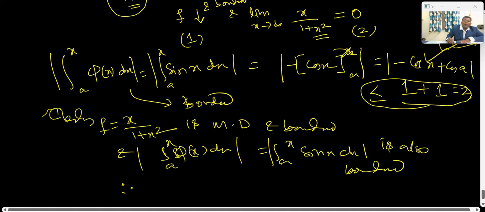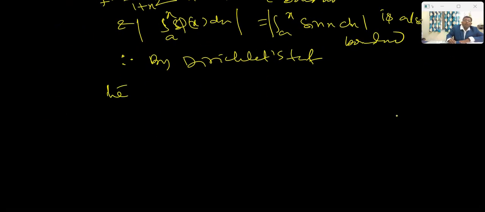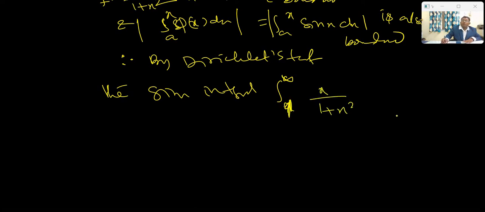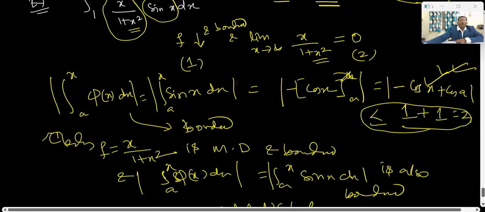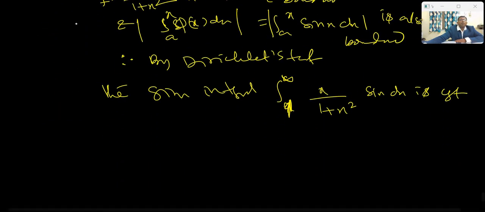Therefore by Dirichlet's test, the given integral, the integral from a to infinity, or 1 to infinity, of x by 1 plus x square times sin x dx, is convergent. So these two tests are wonderful tests to deal with the product function. Let us see one more example.